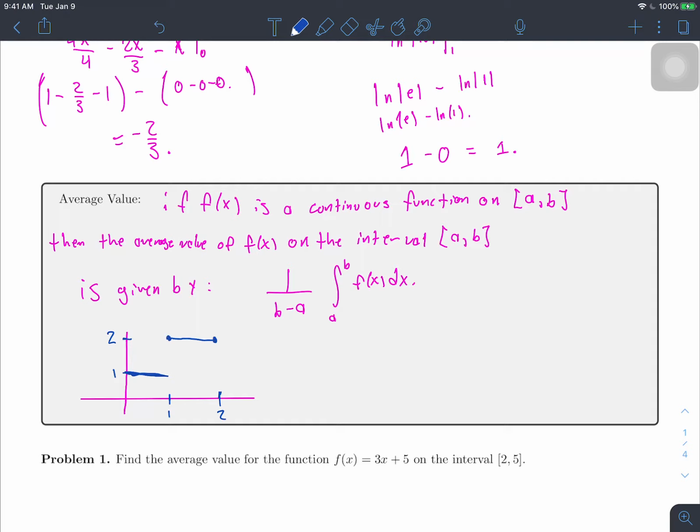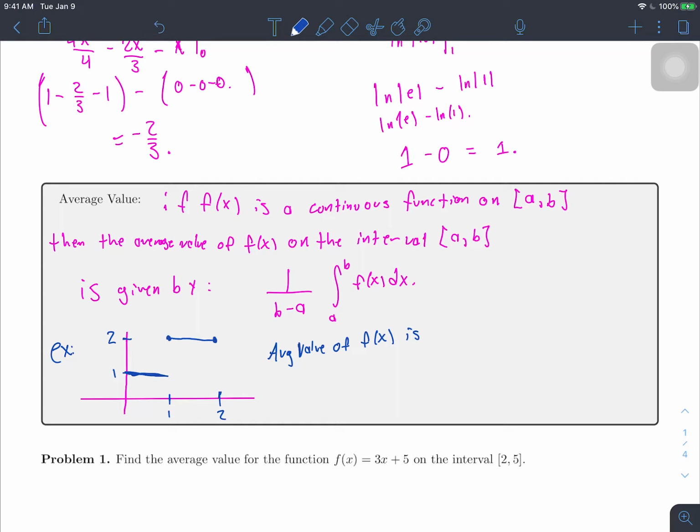Then, half of the time, our function value is 1, and half of the time, our function value is 2. And so we would say, for this example, the average value of f of x is, what should it be? Half of the time we're 1, half of the time we're 2.